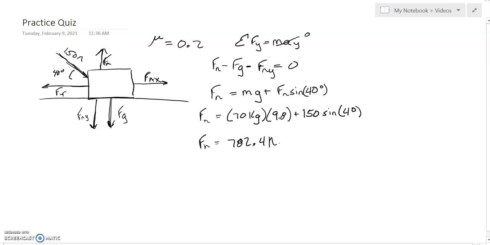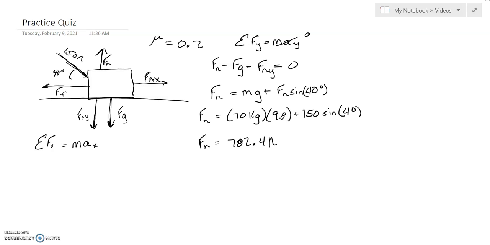Now we have a normal force, and we're looking for acceleration. So we'll switch to the x to define our acceleration. The sum of the forces in the x will equal mass times acceleration in the x.